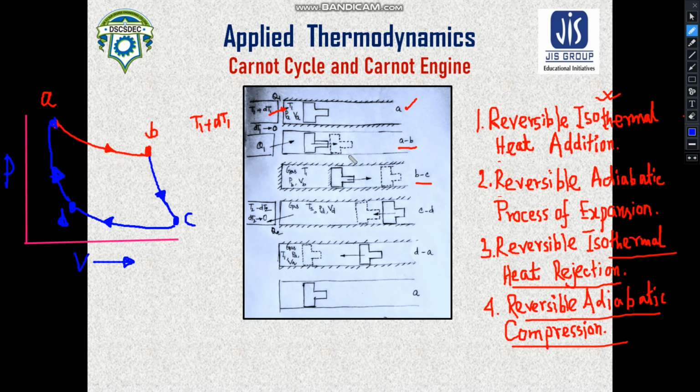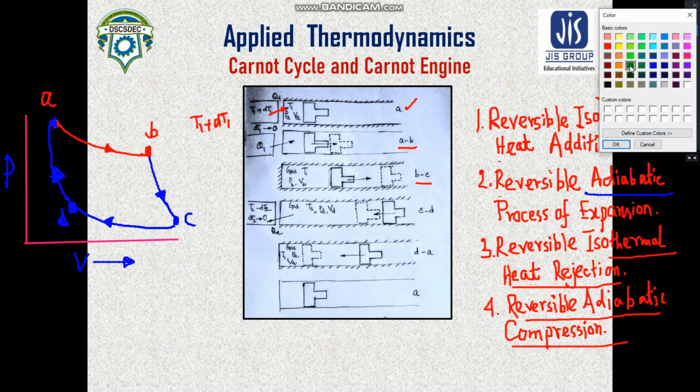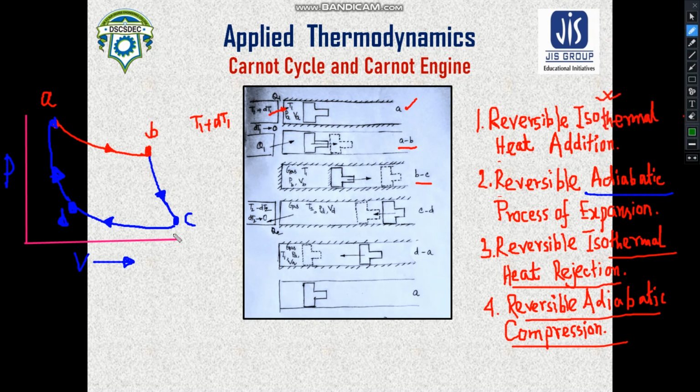That means there is a little bit of expansion, heat is being added, and the state changes from A to B. Then because of the reversible adiabatic expansion process, you can see that there is an expansion taking place, and this expansion is mentioned here from state B to state C.